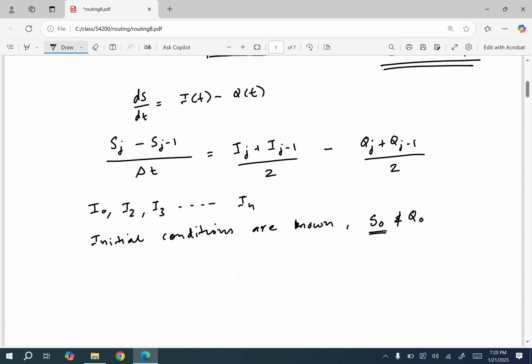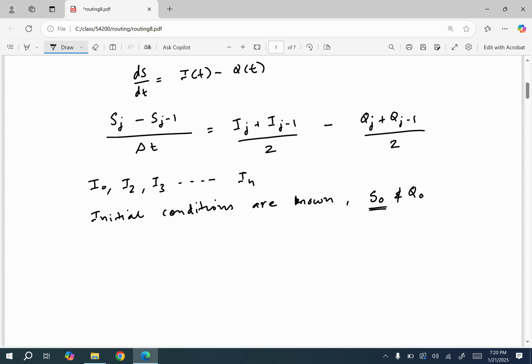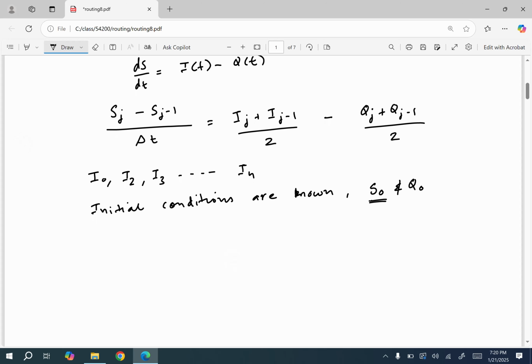So what I'm going to do now is write down the unknowns on the left hand side. This is going to be 2 over delta t. So what I did was I brought this 2 on the left hand side. The unknown in this case is Sj, and then we also have Qj, which is unknown.